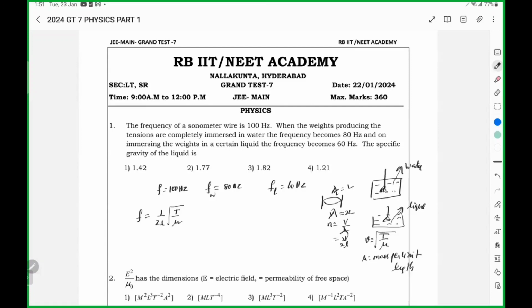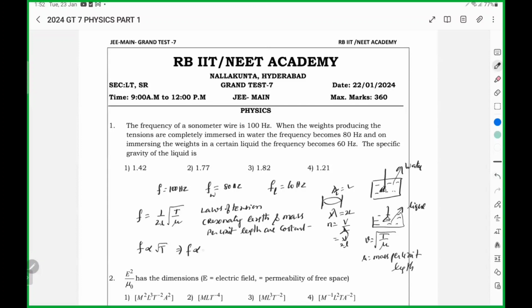So here we have no change in tension. So if the resonating length and the mass per unit length are constant, then the frequency will be only proportional to the root of the tension in the string.